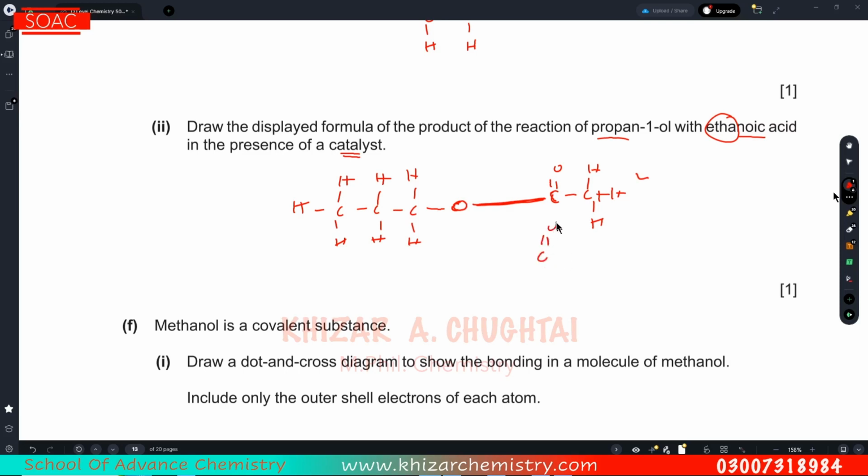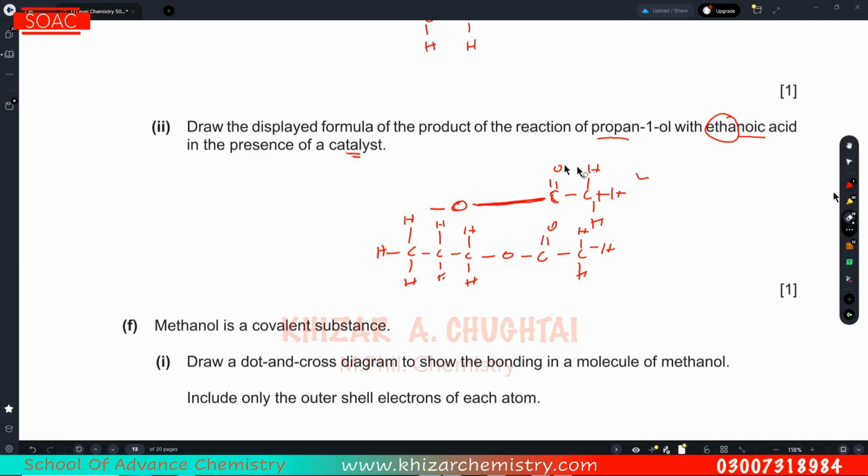So C double bond O, I'm going to write it again over here, then O, then CH2, CH2, then CH3 over here. So finally, that is propyl ethanoate.